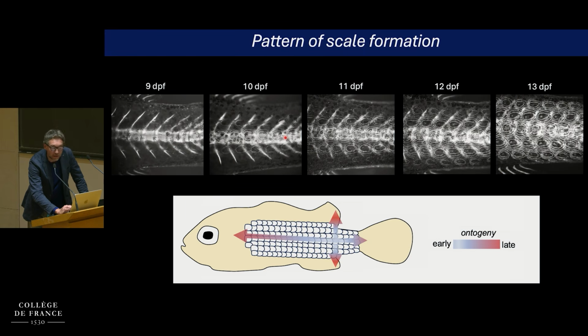Then they start to develop in the midline, and then sort of as a wave, they spread over the skin, moving more anterior, moving more posterior, and expanding dorsally and ventrally. And in the end, you get this very nice lattice, this very nice pattern of typical scales on the skin of the fish. And if you show this wave in a diagram, then they would start here at the blue, and the red ends of the arrows indicate the direction in which it is spreading over the skin.